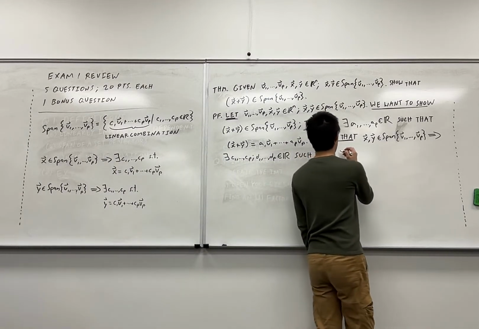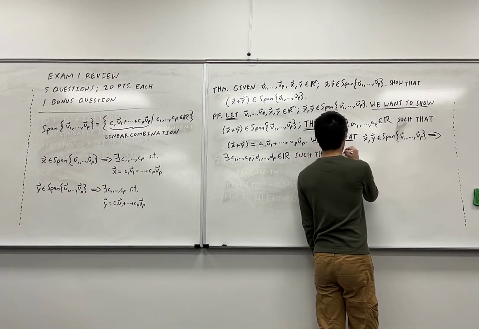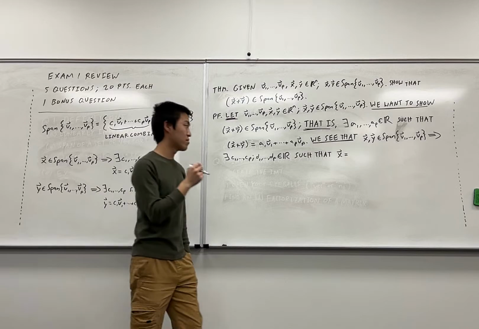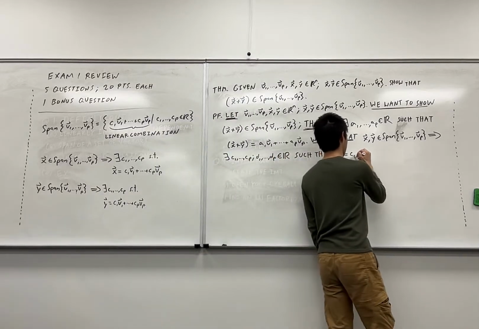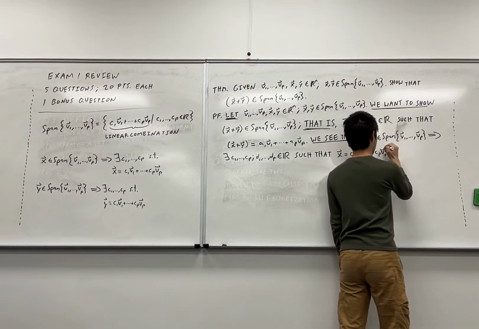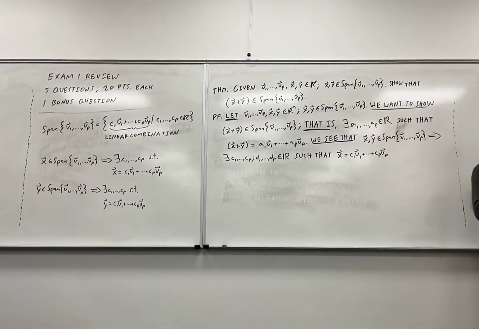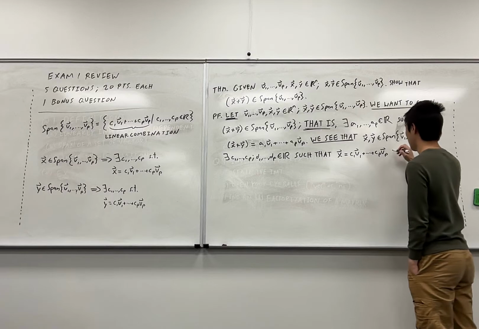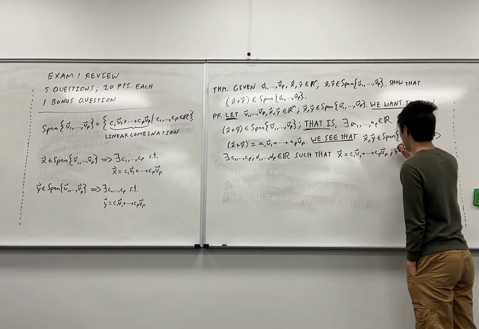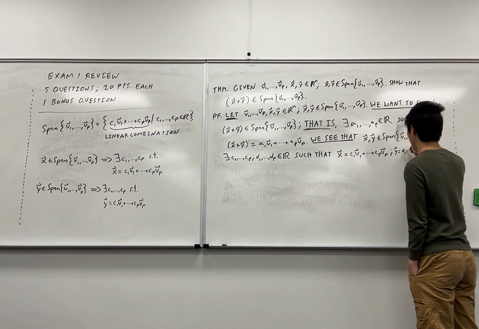So x can be written how? x equals C1 v1 plus and so on, and y equals D1 v1 plus and so on.